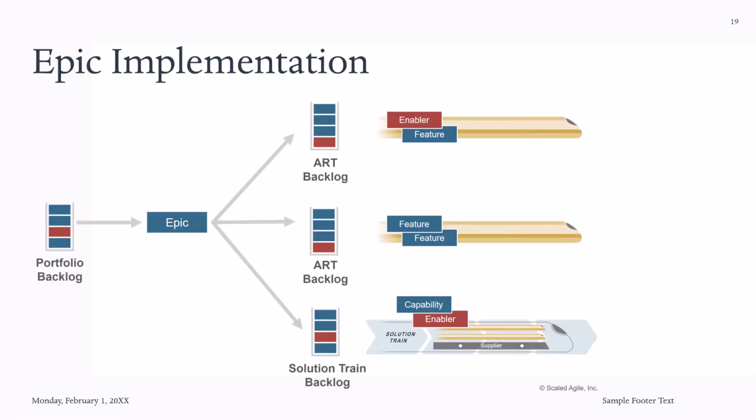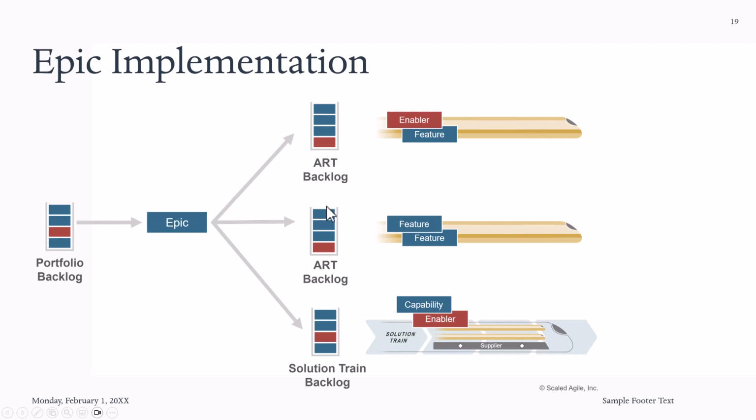So, epic implementation. The epics have moved into the portfolio backlog, and these epics have been broken down into features. We break down those epics into features, and they are given to a specific agile release train.